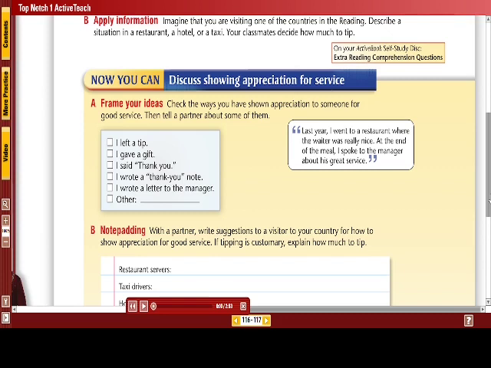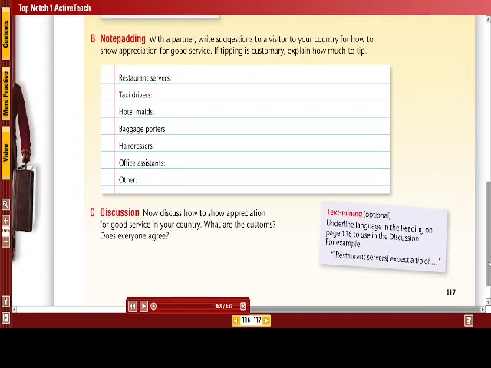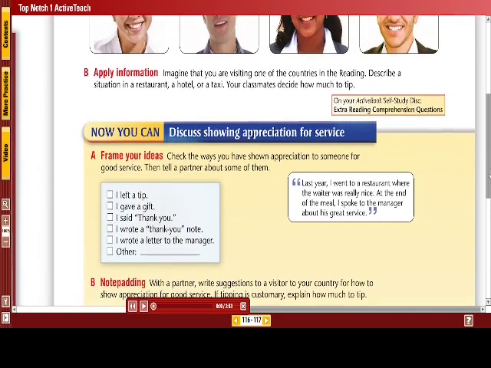I left a tip. I gave a gift. I said thank you. I wrote a thank you note. I wrote a letter to the manager. We can discuss how we can show appreciation for good services in Spain and maybe in other countries we know. That is another topic we can discuss in class.